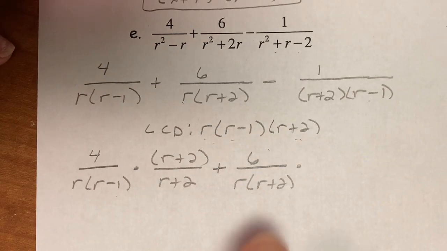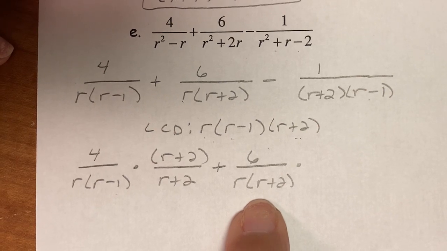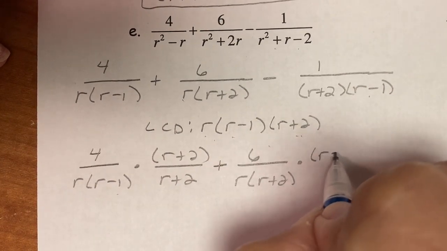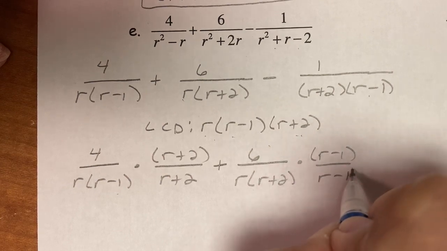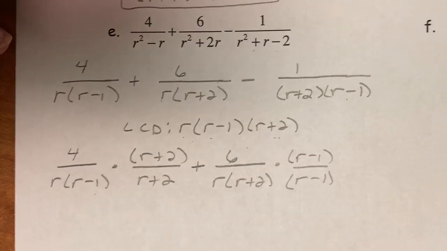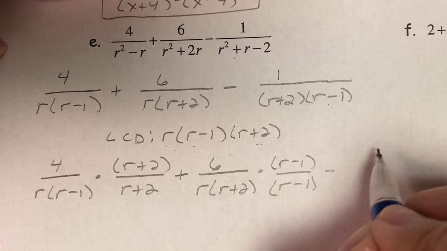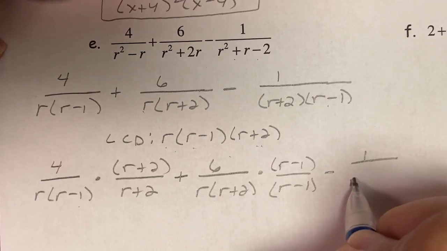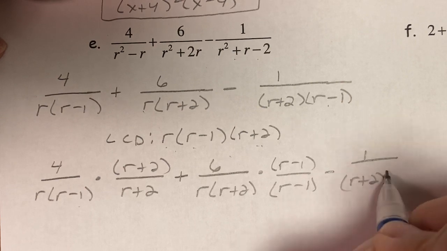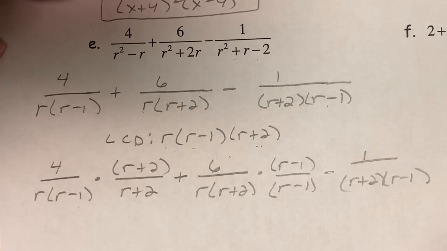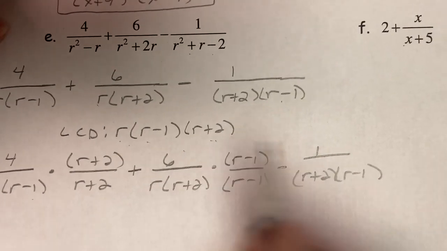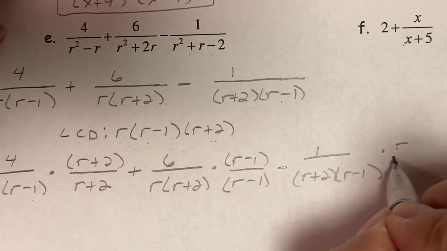Again, what am I missing that makes this denominator look like my LCD? I'm missing the r minus 1. Minus, and I'm going to go over into this one, but that's okay. I've got plenty of room. If I go 1 over r plus 2 times r minus 1, making this denominator look like my LCD, I'm simply missing an r.